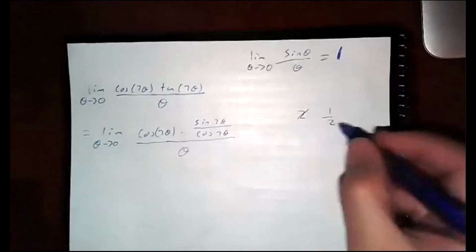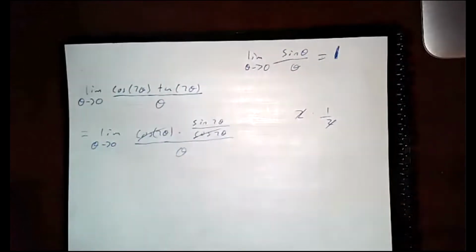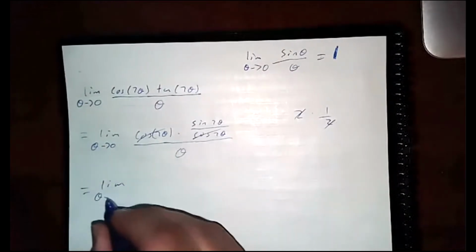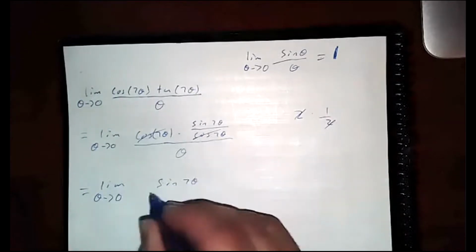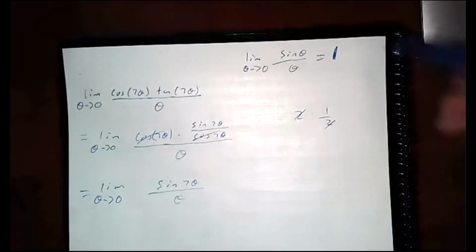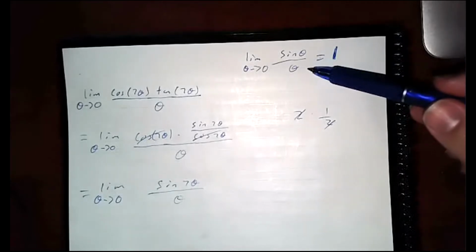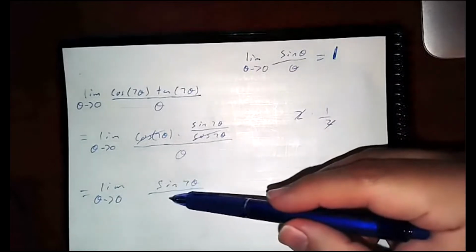So these are gone. Now I have theta approaching 0 of sine of 7 theta over theta. So it's almost like this, right? So all I need is a 7 down here, and I'm good.